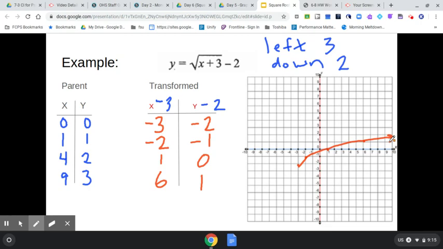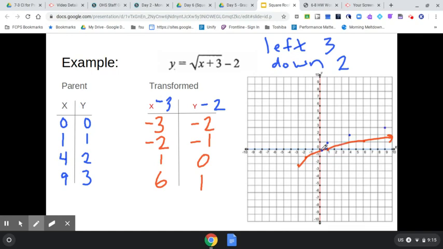And there's my transformed square root function. If I wanted to, I could plot the parent function on this graph as well, guys. If we take a look, 0, 0, 1, 1, 4, 2, and 9, 3.